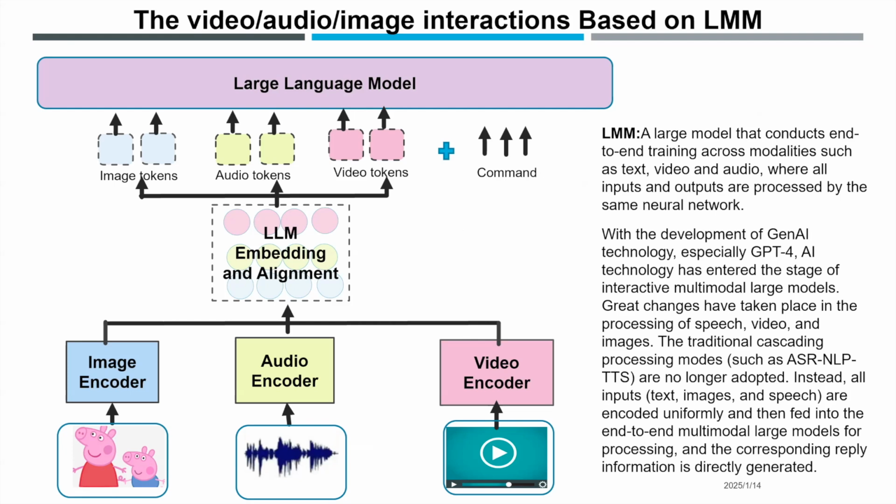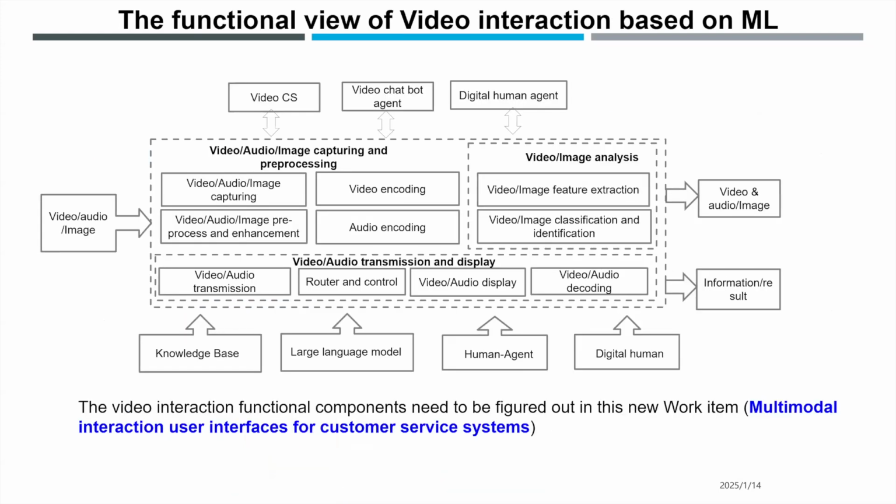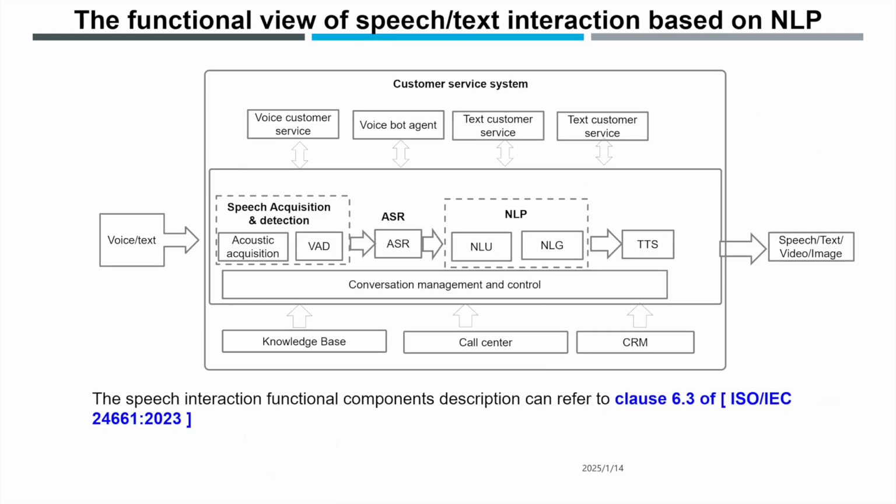So it's really an end-to-end system that can process all types of input and generate all types of output. Here we don't need the traditional process with so many steps. First, we change the speech to text, then use NLP and NLU to generate the response, then make a speech synthesis and give the response.